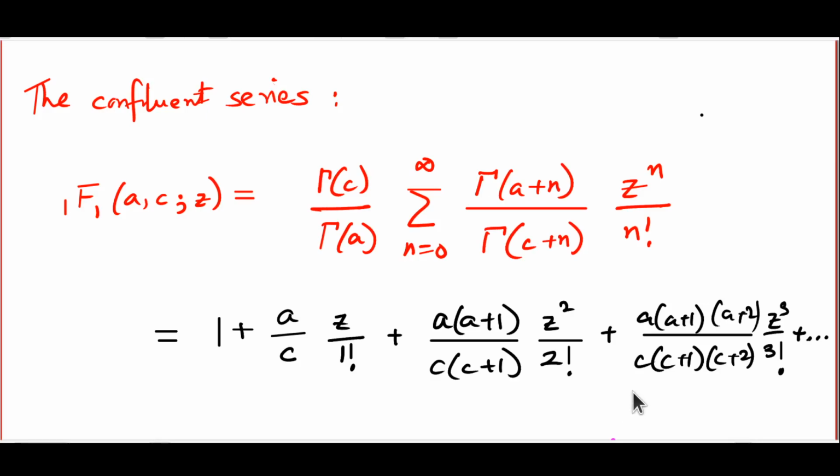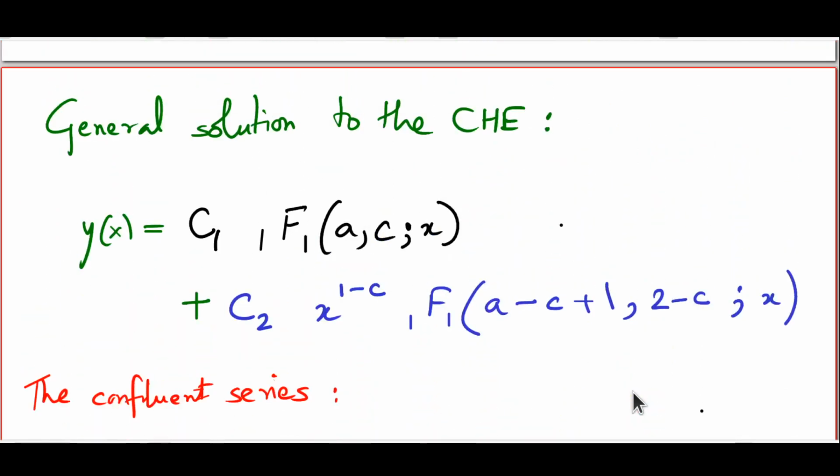In fact, you should have noted that if you look at the general solution, a negative integer value for c or a 0 value for c would have led to a problem anyway, simply because if there had been no problem with the confluent hypergeometric series for such a situation, then x to the 1 minus c would be a positive power of x, and so both the solutions would have ended up being regular at x equal to 0, which is impossible, as you well know, since x equal to 0 is a singular point of the equation.